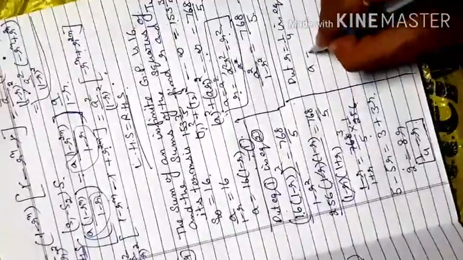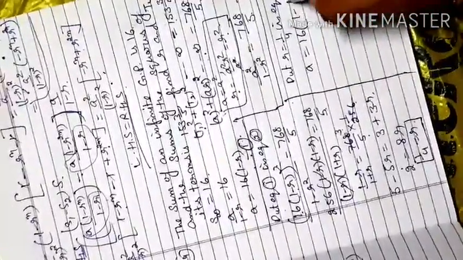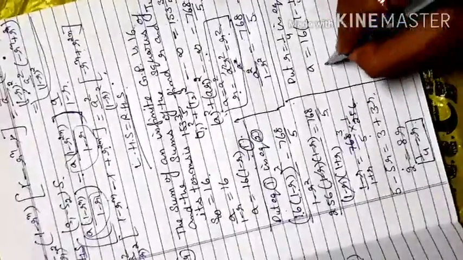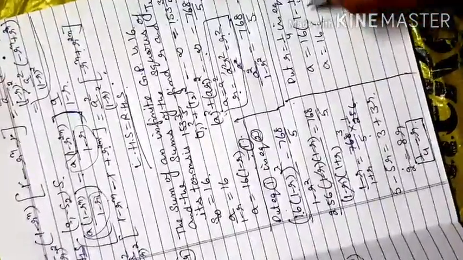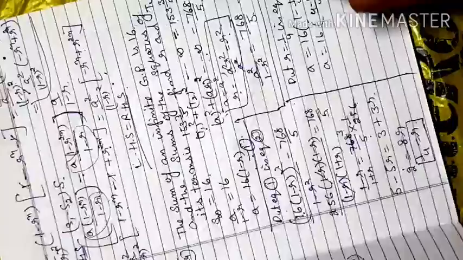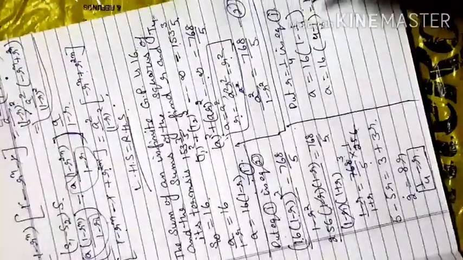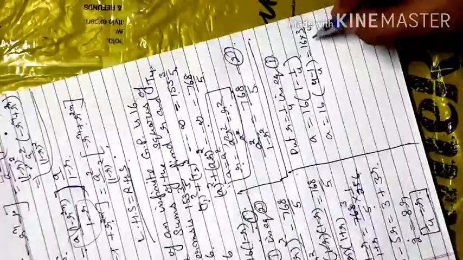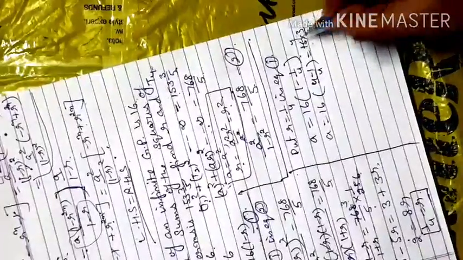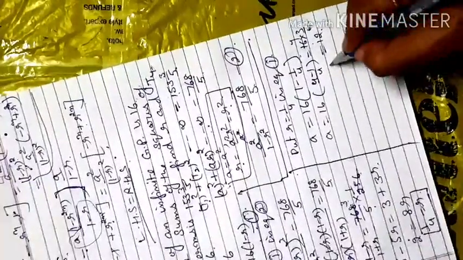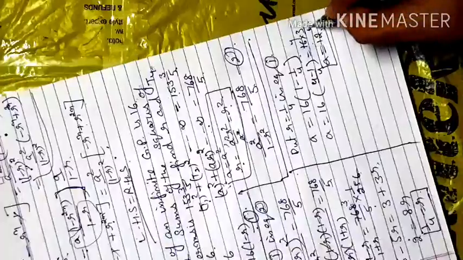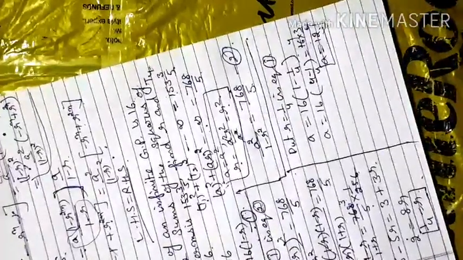So this is a is equal to 16 into (1 minus 1 by 4). When you take the LCM of this one, this is (4 minus 1) by 4, equal to 16 into 3 by 4. 4 4s are 16, so that is 12. So your a value is 12 and your r value is 1 by 4.